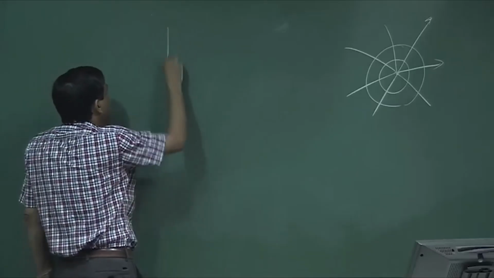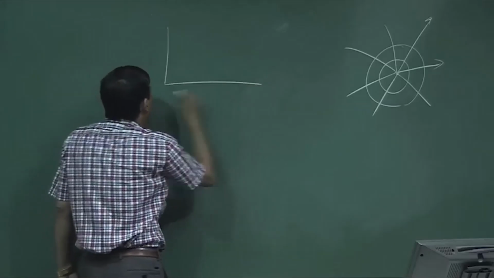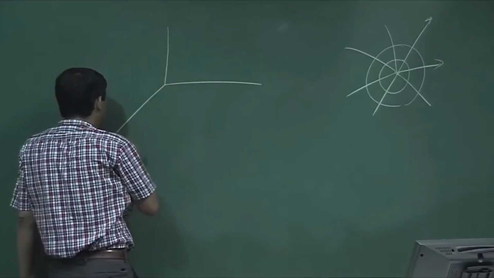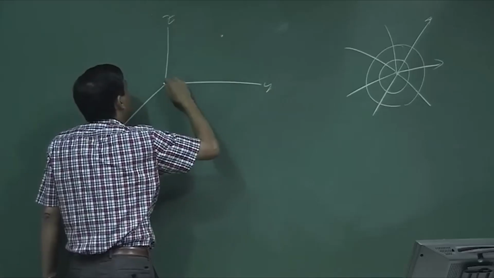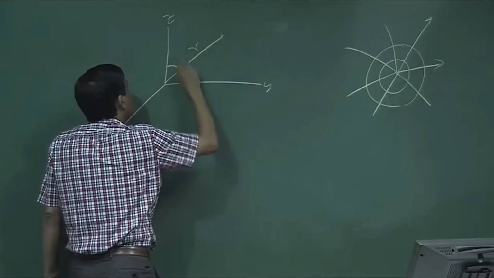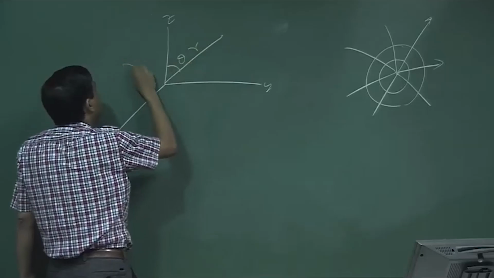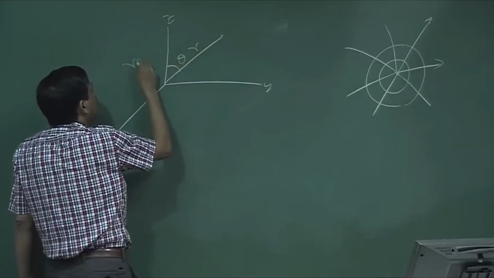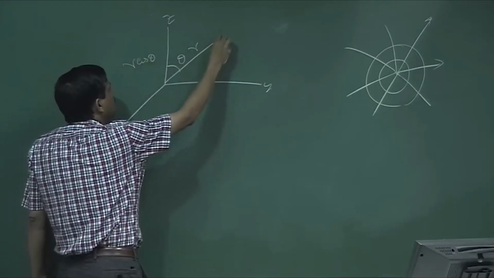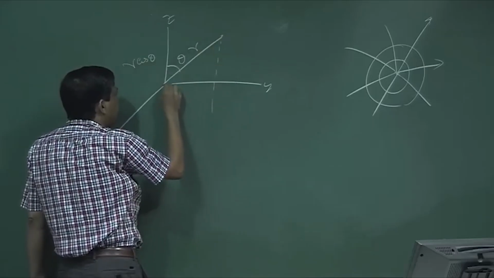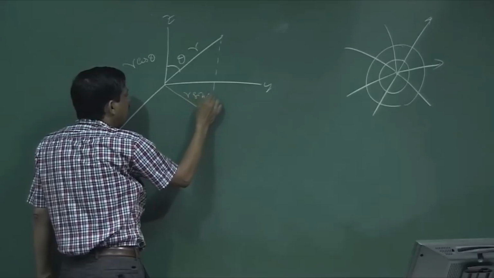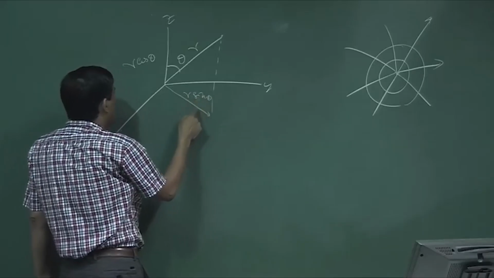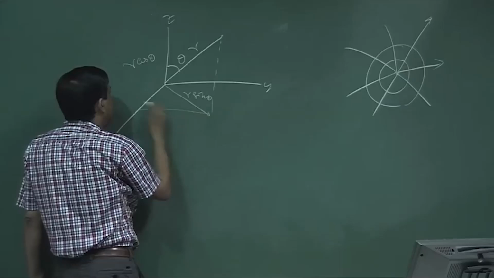So we draw the coordinate axes x, y, z and put a point here, which is at distance r. With theta as this angle, the projection of r onto the z axis is r cos theta. If I project the same r onto the xy plane, I get r sin theta.